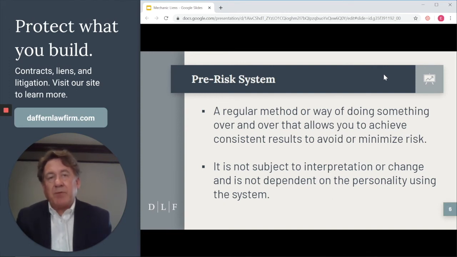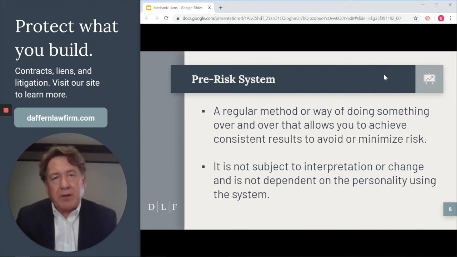Now, let me give you an example. I have a client who had an office manager that worked for him for about 20 years. And during that time, this office manager ran the company brilliantly from a business standpoint. After about 20 years, the office manager retired. And the thing is, my client didn't have any of the processes written down.